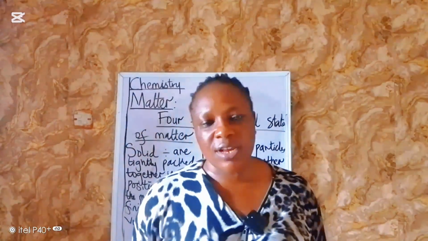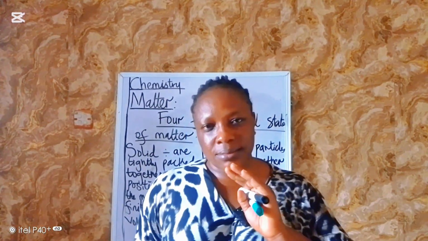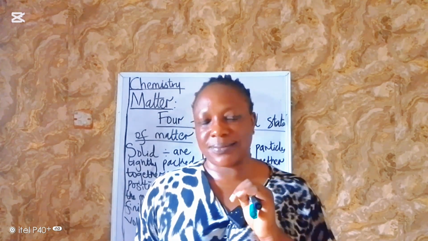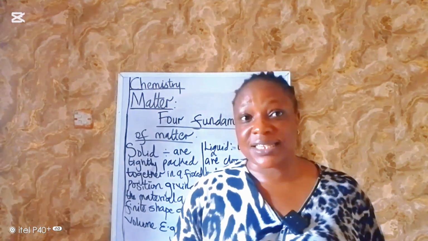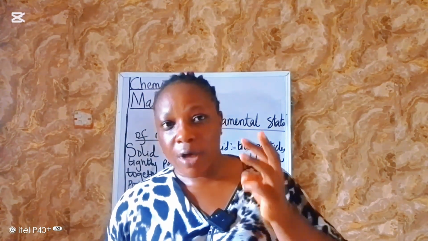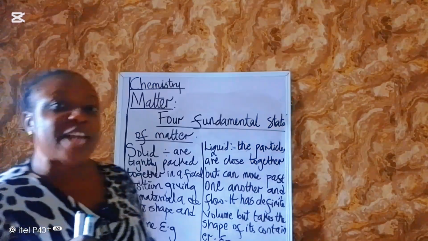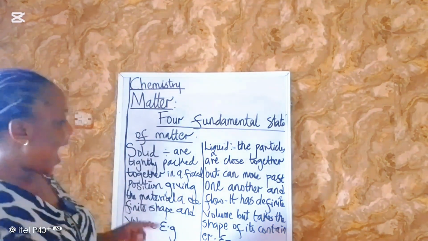This matter we just talked about, you see them in four states. Before, Aristotle and other ancient scientists thought that the earth is made up of earth, air, water, fire. They're not far from the truth. Matter actually exists as solid.